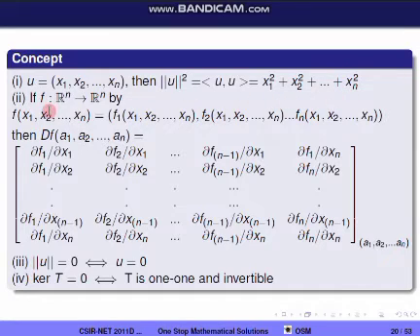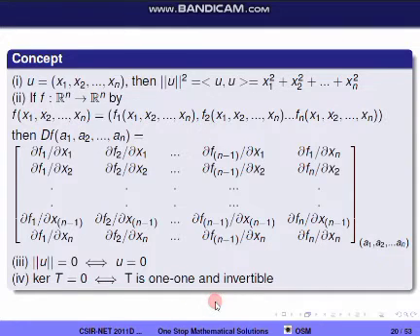If f is a function defined from Rn to Rn by f of x1, x2, etc. up to xn is equal to f1 of x1, x2, etc. up to xn, f2 of x1, x2, etc. up to xn, etc. up to fn of x1, x2, etc. up to xn, then the derivative of f at the point a1, a2, etc. up to an is defined by this matrix at the point a1, a2, etc. up to an. Norm u is equal to 0 if and only if u is equal to 0. Kernel T equal to 0 if and only if T is 1-1 and invertible.